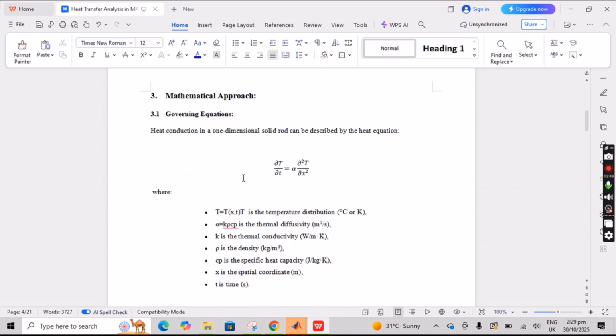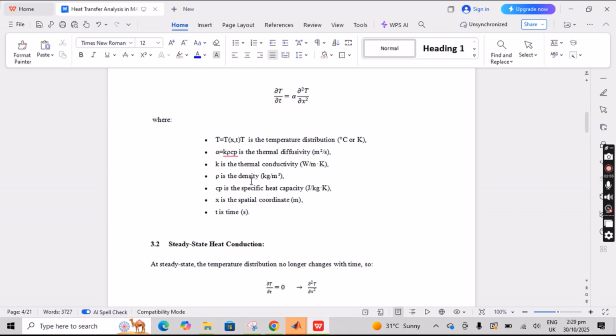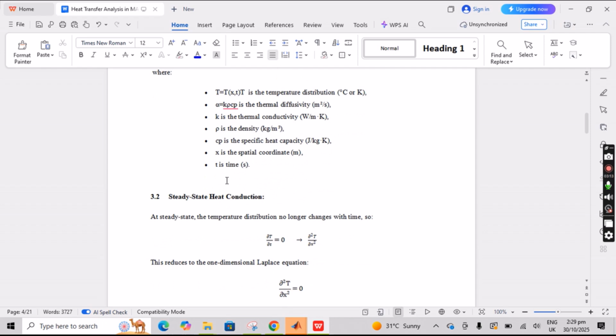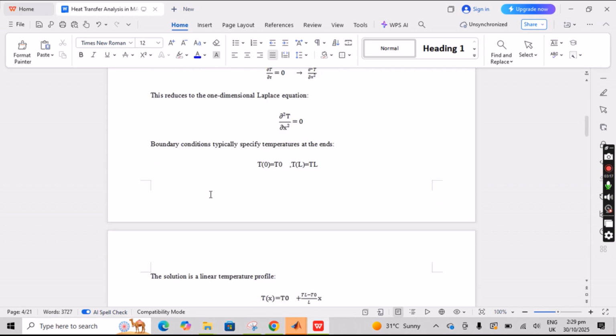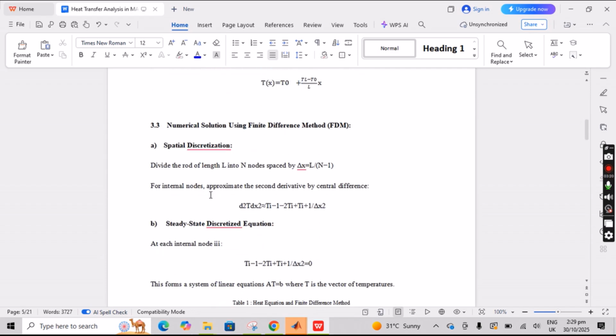Mathematical approach: these are the governing equations for heat conduction in a one-dimensional solid rod, where T represents temperature, alpha represents thermal diffusivity, then thermal conductivity, density, Cp is the heat capacity, then the spatial coordinate x and t is the time, and then the steady state heat conduction equations are added here.